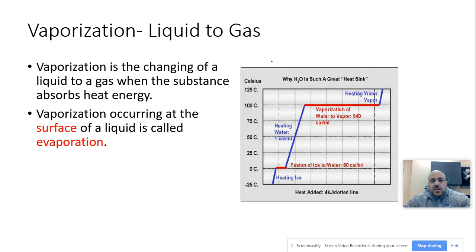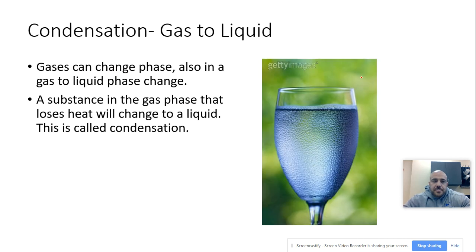Vaporization or evaporation is going from a liquid to a gas. That means we need to add energy because the molecules are faster in a gas, so we have to speed up those molecules in a liquid, and we're talking again about this top part here. Condensation would be the opposite. We're going from a gas to a liquid, so we're slowing the molecules down, so we need to lose some energy.